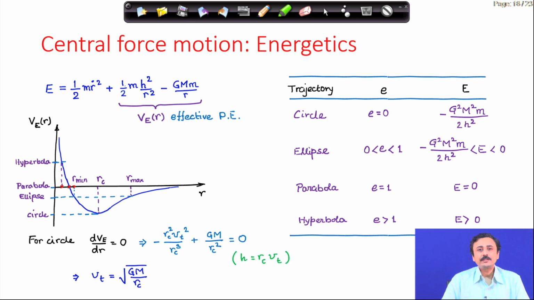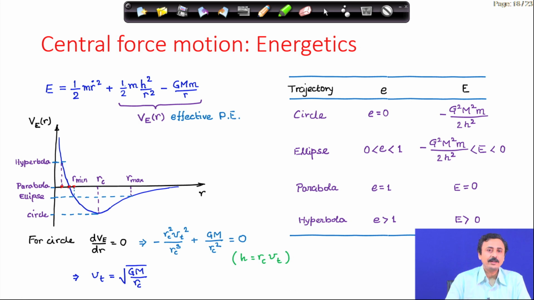And we also studied the effective potential energy, and we have plotted the effective potential energy and the various levels of energy that we have when r dot is 0. You see, this effective potential energy is the total energy when r dot is 0.